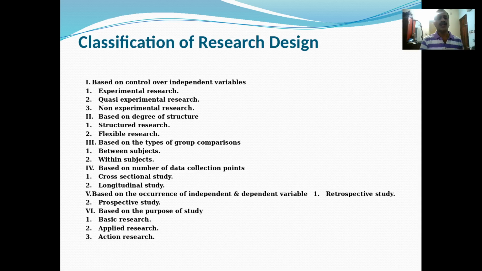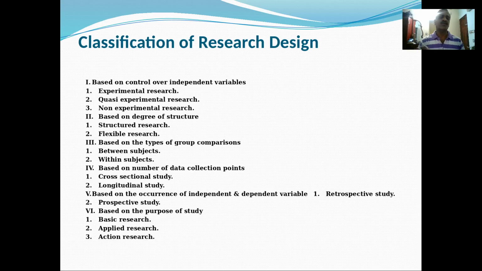So we contact that person, because the flexibility improves the data quality and the scientific nature of the data, and the study becomes more scientific, more dependable, more replicable because of the flexibility.